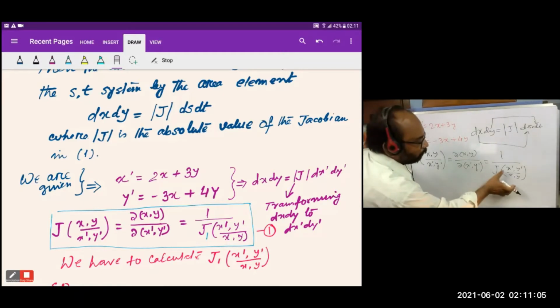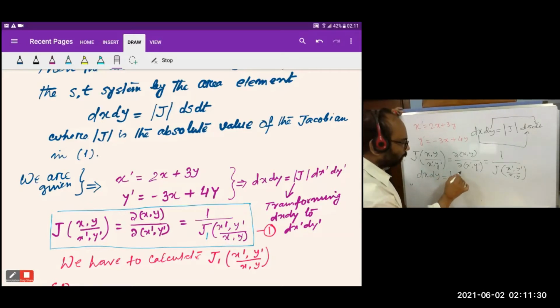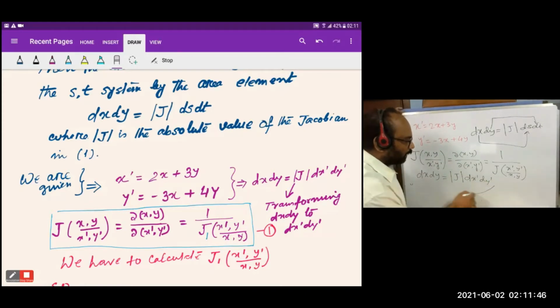So if I can calculate J x dash y dash with respect to xy, then taking the reciprocal of that, I can calculate J xy with respect to x dash y dash, because our area element dx dy, when transformed into the area element dx dash dy dash, the relation is dx dy is equal to mod of J dx dash dy dash, because we have to find this area element.